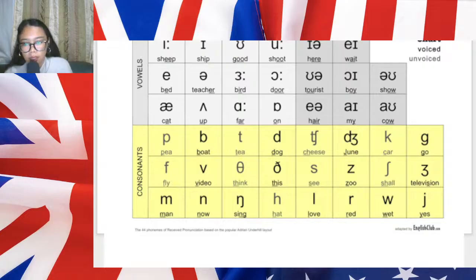Alright. We're just going to focus first on the vowel sounds. The ones highlighted in blue, that's the vowel sound they're talking about. And lastly, another vowel sound.